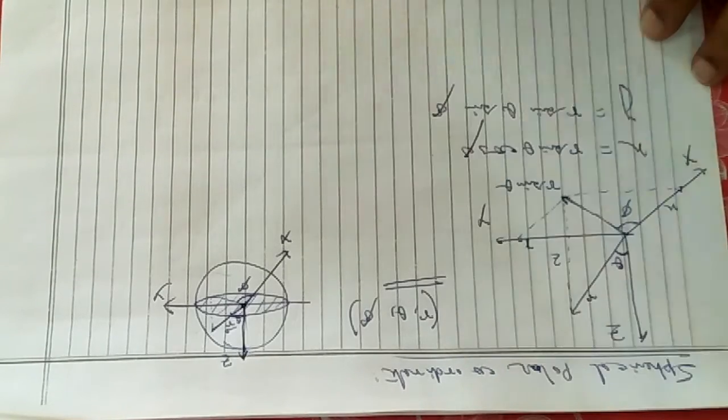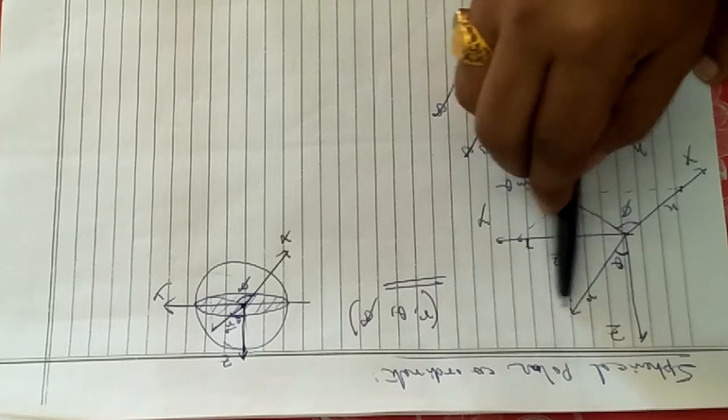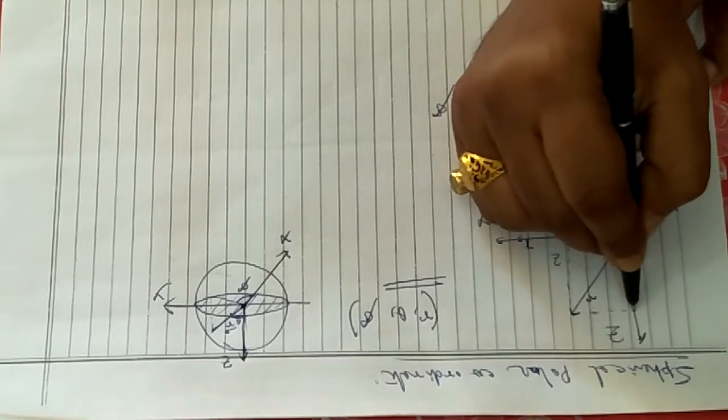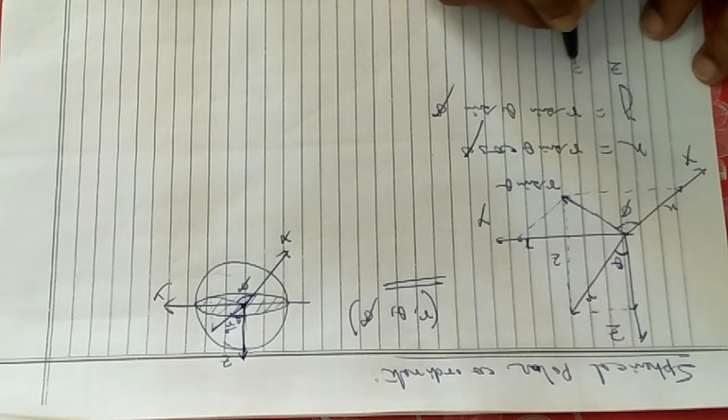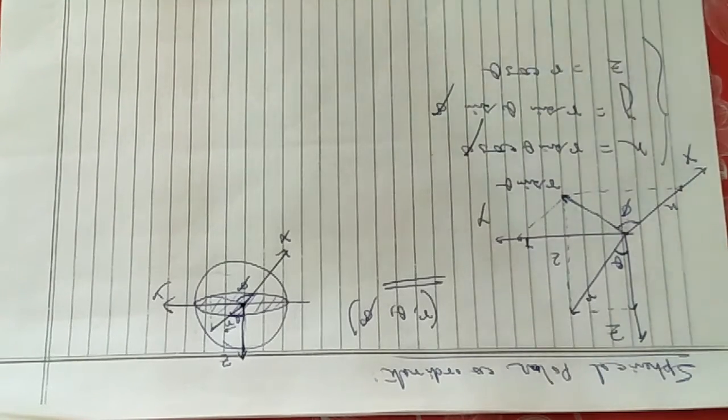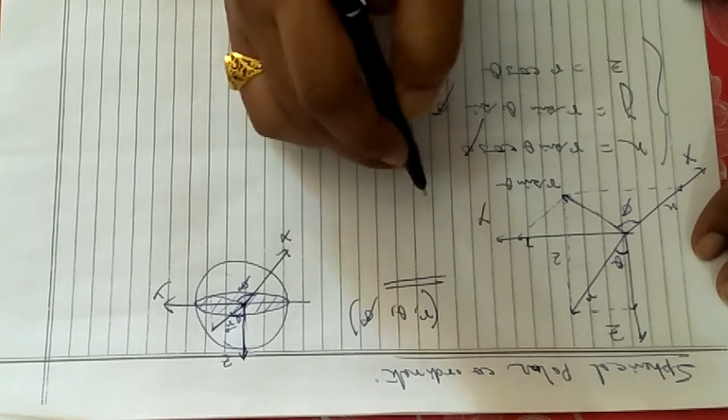And now what is z? Z, the height, and this vector will be exactly the same. So z will be equal to r cos theta. This is the conversion. The conversion is completed now. If the conversion is completed, you can easily calculate anything you want.